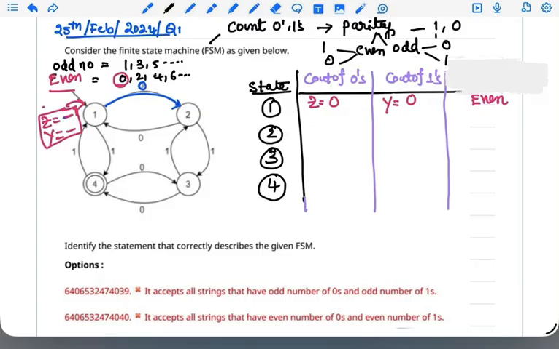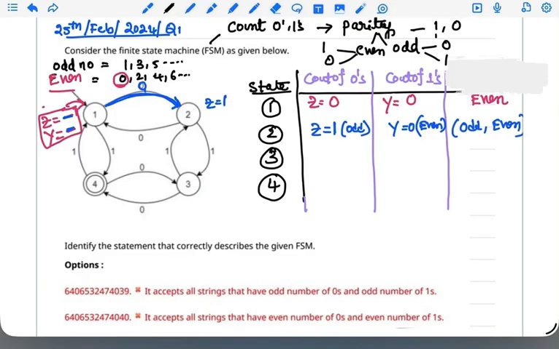At state 1 there were no zeros, but at state 2 the number of zeros is increasing, so Z equals 1, which is an odd number of zeros at state 2. The number of ones is the same, so y equals 0, which is even. So state 2 is odd zeros and even ones.